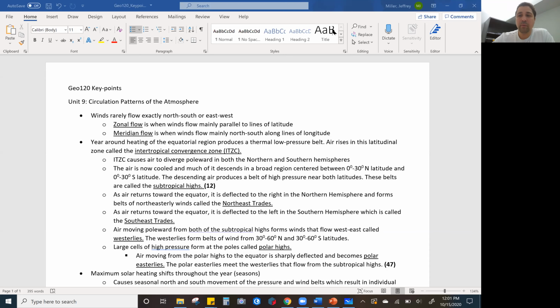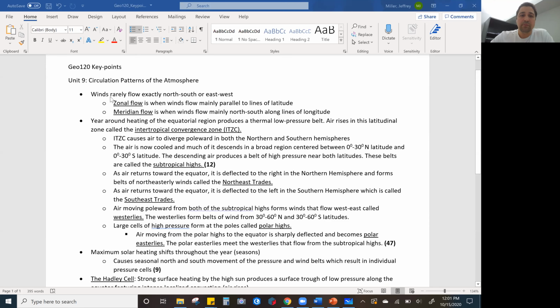So let's begin and talk about winds and how they flow. Winds very rarely flow in straight lines. When they do, or at least if they follow the patterns of latitude, we call that zonal flow, more horizontal winds, parallel with latitude.